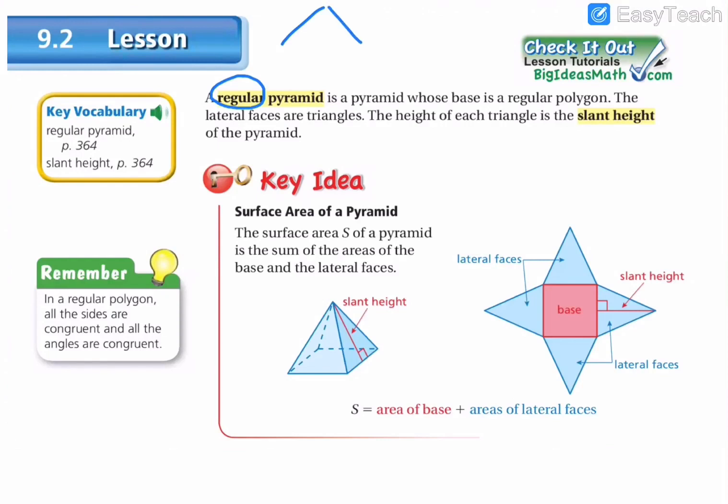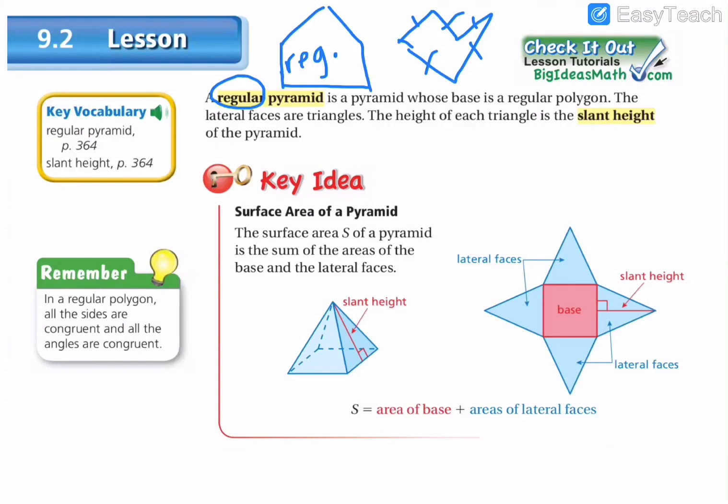A regular pentagon would have all equal sides. A pentagon is technically anything that has 5 sides. So that could be a pentagon because it has 1, 2, 3, 4, 5 sides, but it is not regular because the sides are not equal. So again, the difference between regular and irregular: regular has all equal sides and irregular does not.